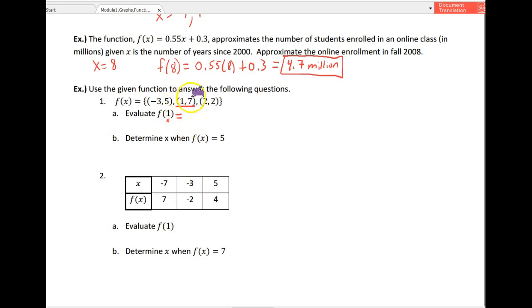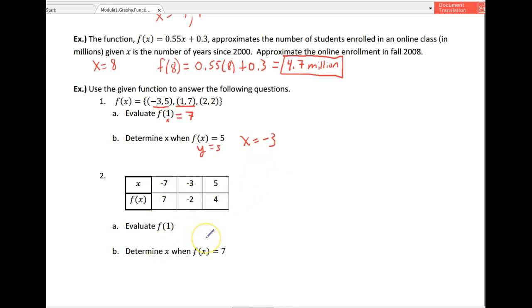So f of 1 would be the output, or the y value, which is 7. Here, I want to know x when f of x, so when y equals 5. So I see y equals 5 here. So x had to be negative 3. When y was 5, what was x?